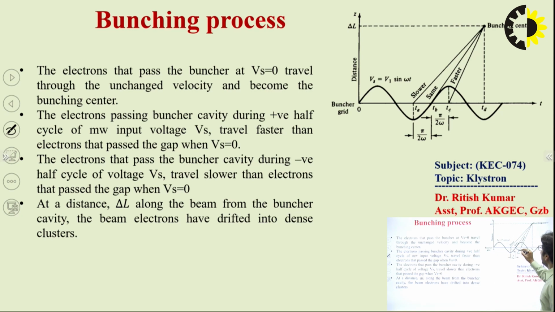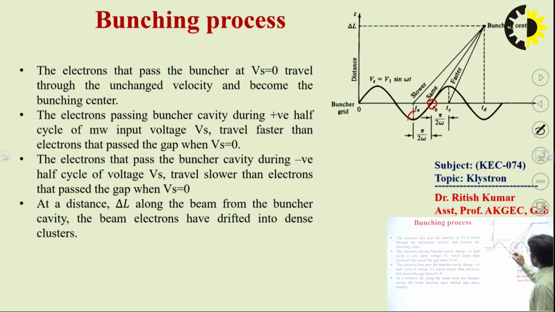As you can see, this is a zero crossing point, this is positive maximum amplitude, this is negative maximum amplitude. At the zero crossing point, the velocity of the electron is not affected, while for the positive half cycle, the velocity of the electron becomes faster, and in the negative half cycle, the electron becomes slower compared to the reference electron, that is the zero crossing electron, due to which at some point in the drift space, the bunching happens.